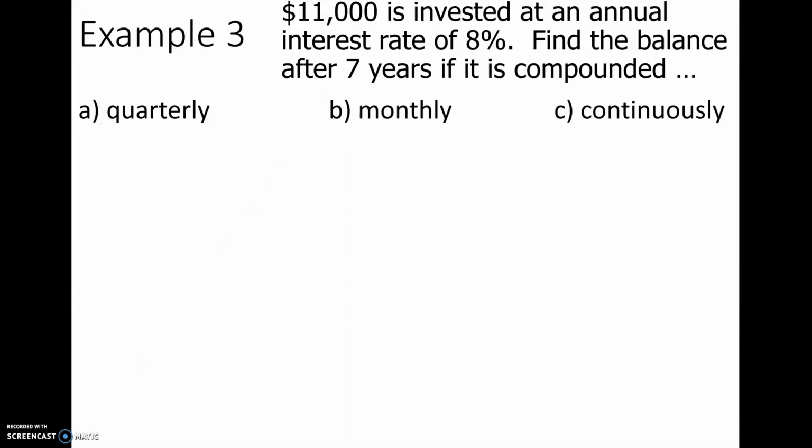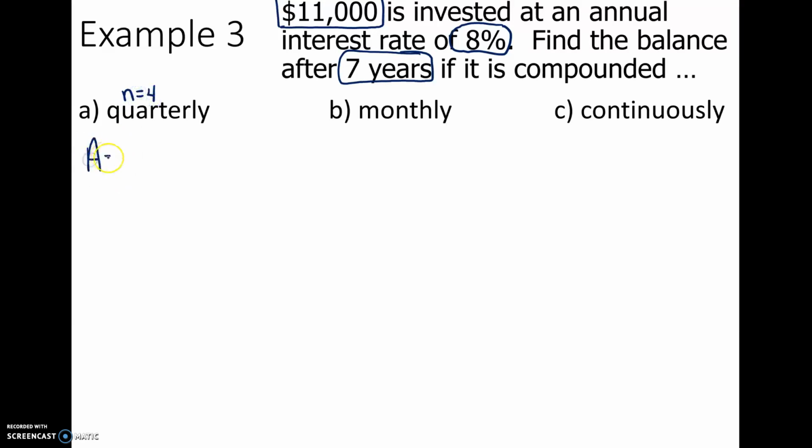So here's our first problem. It's hard to see on the screen, but it's easy to see on the video. You're welcome. $11,000 is invested at an annual interest rate of 8%. Find the balance after 7 years if it is compounded quarterly. For quarterly, n equals 4.